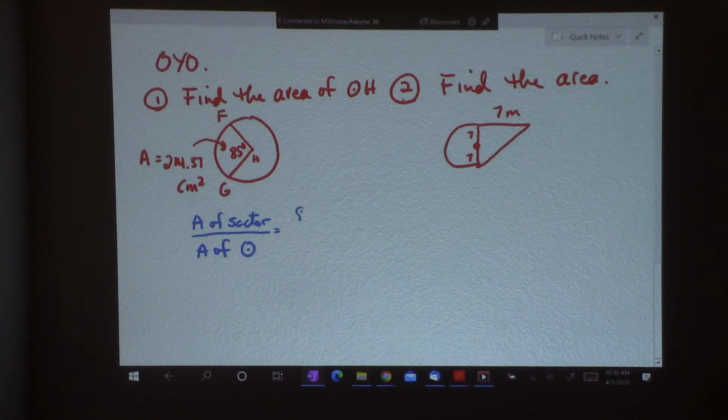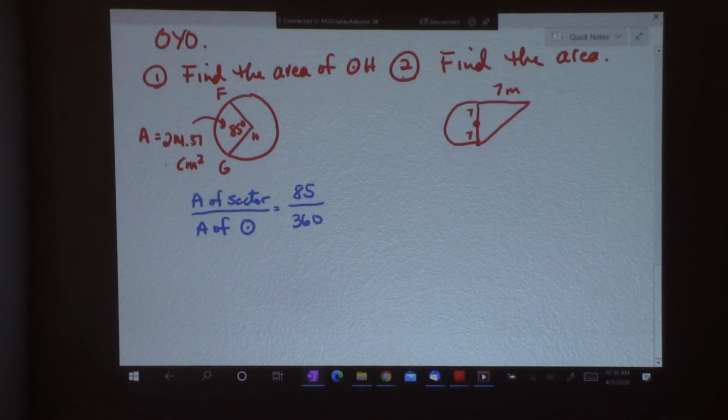I've got 85 is my arc measure there, and 360. And the area of the sector I know this time. And I can reduce 85 over 360 to 17 over 72.